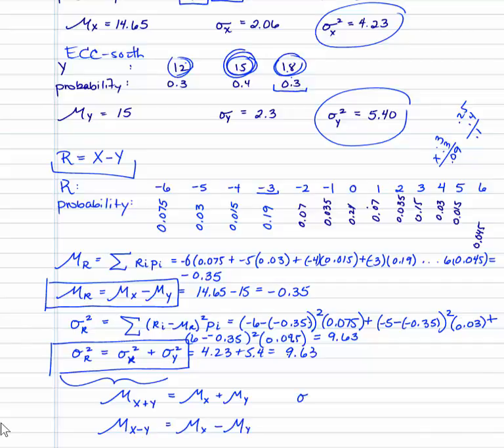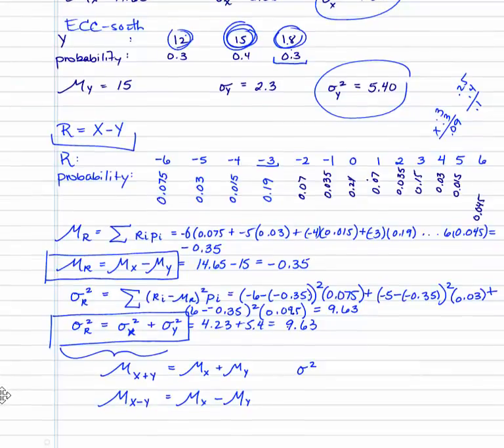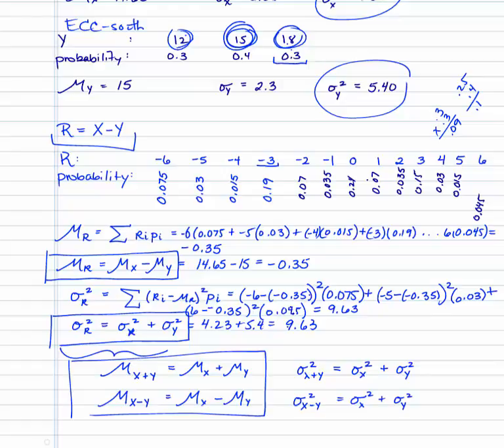For this variance, to be able to calculate the standard deviation, we would actually just be looking at the variance first. When it's x plus y, you take the x and you'd add it to the y. When it's x minus y, you still do the same thing. You still add them together. So this is your mean rules, and these are your variance rules that will help you then go and do the standard deviation.